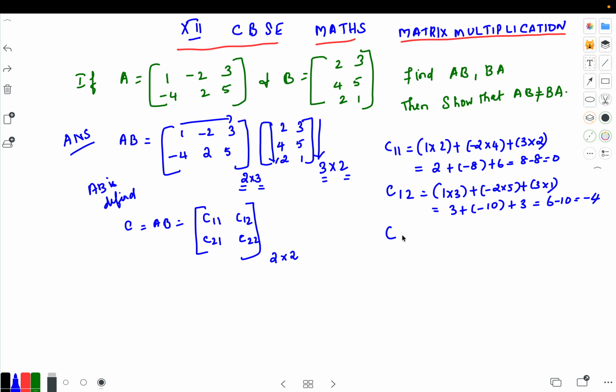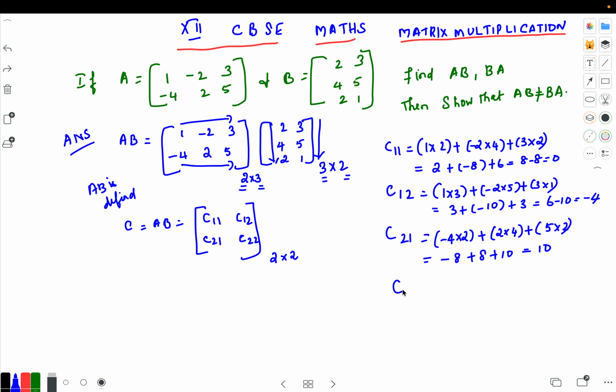Next we have to find C21. C21 is the sum of the products of the second row with the first column, that is minus 4 into 2 plus 2 into 4 plus 5 into 2, which is minus 8 plus 8 plus 10, that is equal to 10.